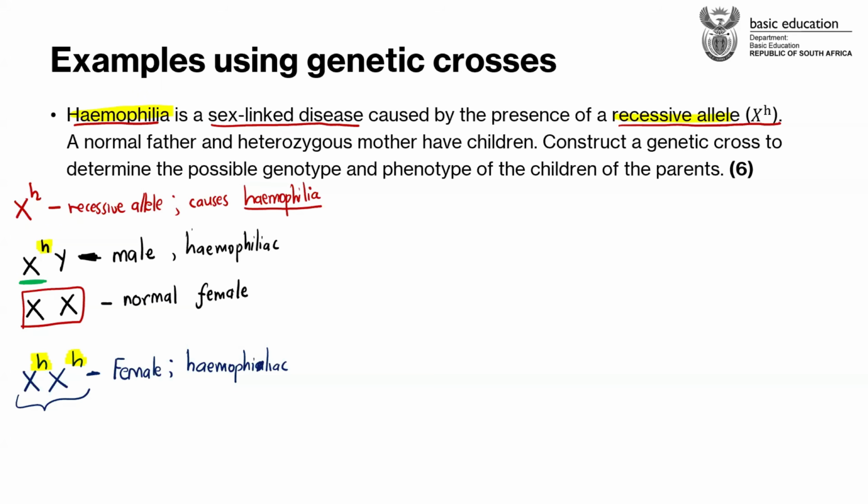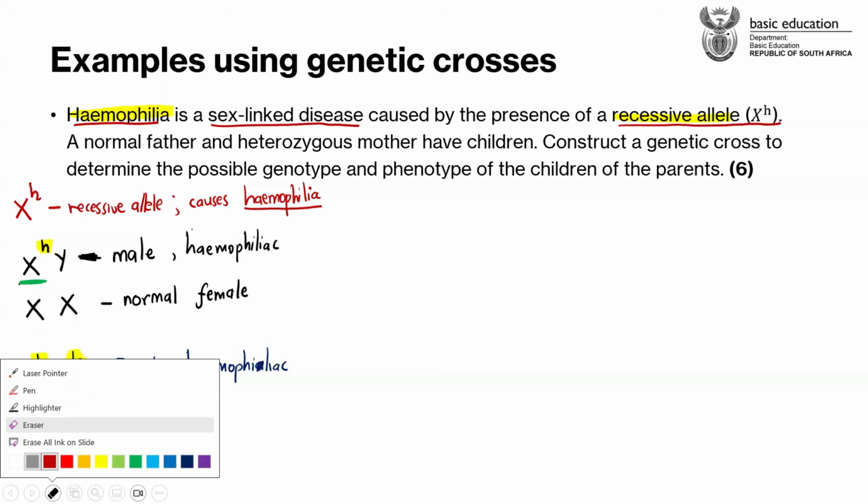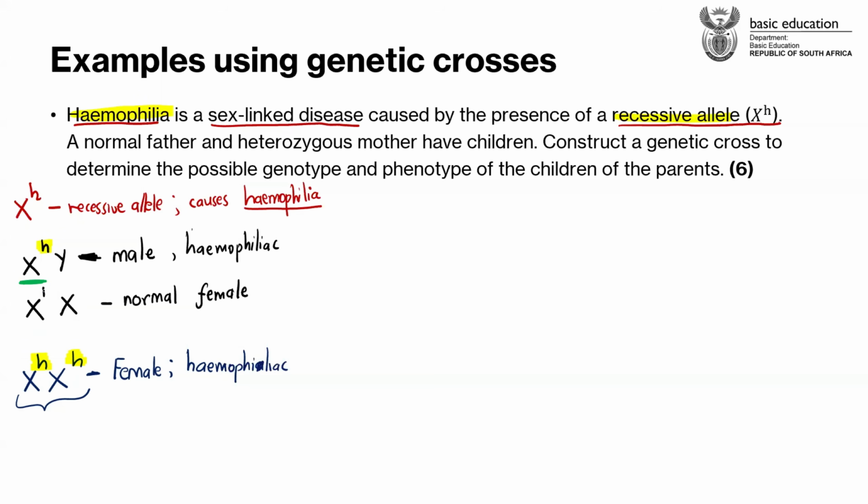So whenever I want to represent someone who's normal, someone who does not have the condition, I would put X with a capital letter H. This capital letter H counteracts the recessive allele. If the recessive allele is the one that is causing the disease, then a person who doesn't have the disease must have a dominant allele. So I put X with a capital letter H, and another X with a small letter h. If you just write XX, it is not correct, guys.